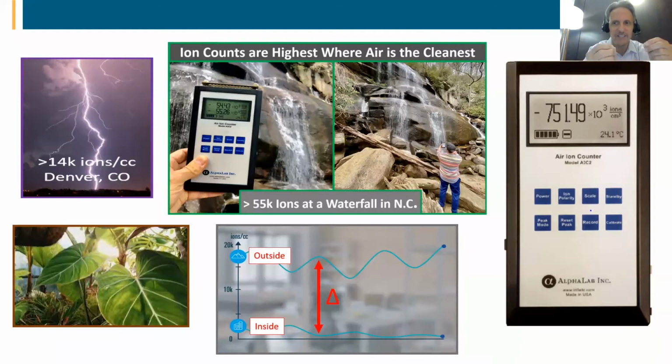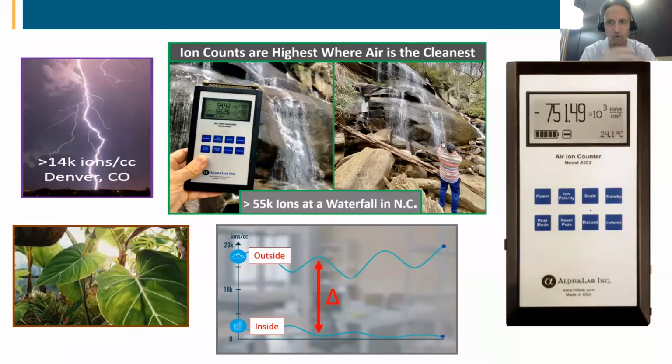And then when you come inside a building that the Environmental Protection Agency will tell us can easily be 5 to 10 times more polluted than the air immediately outside of the building, these natural concentrations of ions are depleted even further. All we do with needlepoint bipolar ionization is impart an artificial charge of ionization, both positive and negative energy potential, to the atoms and molecules in the indoor air to try to bring them up to a level that is more consistent with the ion concentrations outdoors where the air is cleaner.